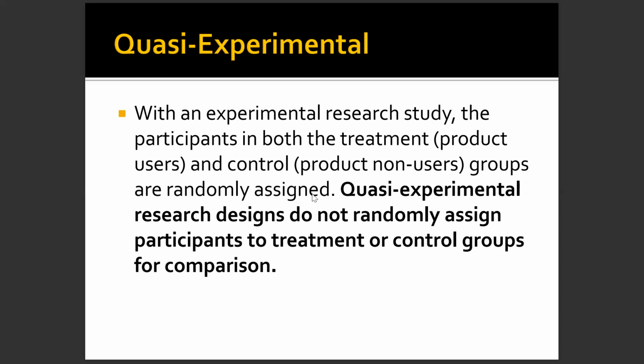In quasi-experimental, we are the ones who choose the assignment or the groupings and then check whether there will be an effect if we manipulate the variable being studied or our concerned variable. That is quasi-experimental.